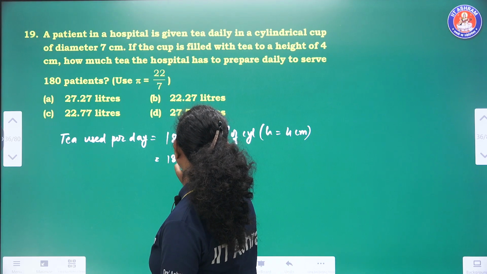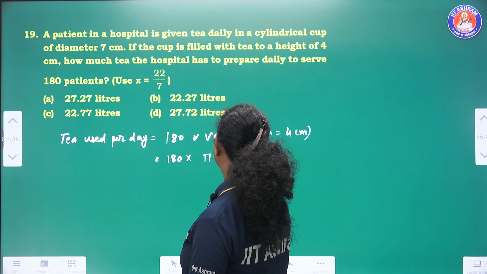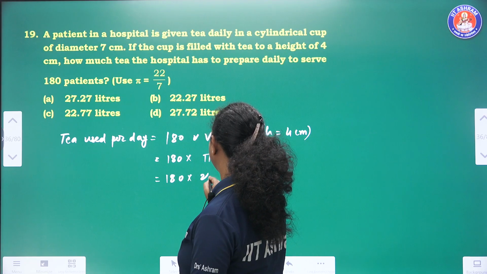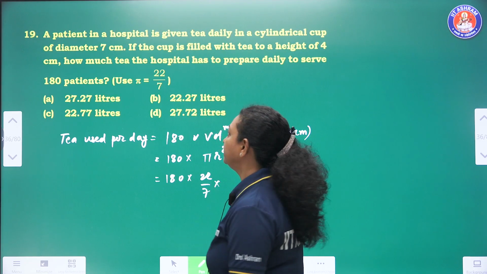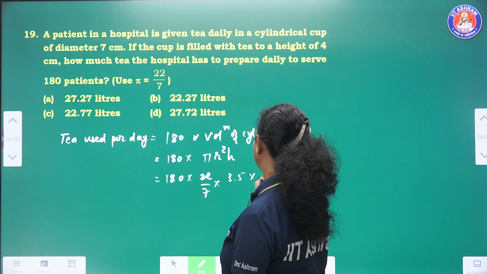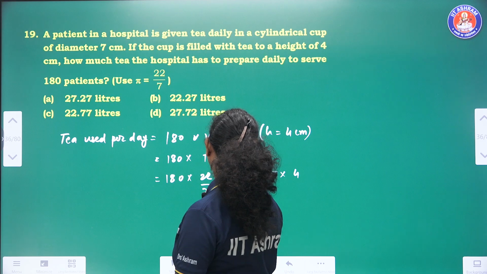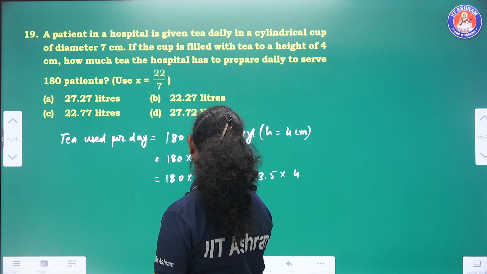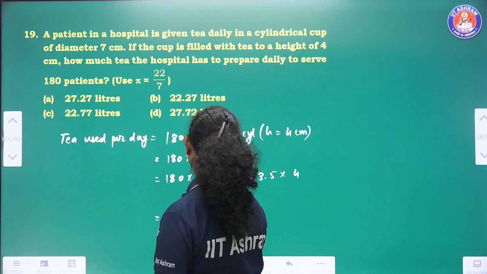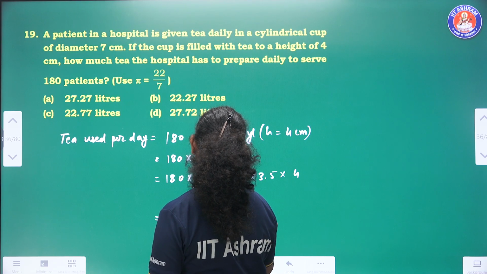So 180 into, how do we find volume of cylinder? Pi r square h. So 180 into 22 by 7. Radius is what? Diameter is 7, so radius is 3.5 into 3.5 and the height is 4. So it is 180 into 11 into 3.5 into 4.